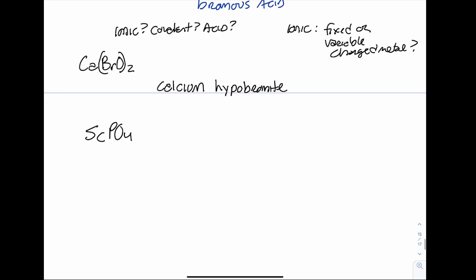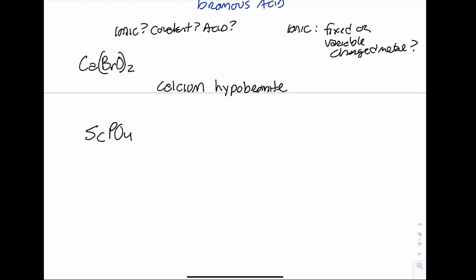So same question, ionic, covalent, or acid, and Sc is scandium, and it is a metal, so ionic. Our next question then, is it fixed charged or variable charged? So you'll want to find it in the periodic table, right?